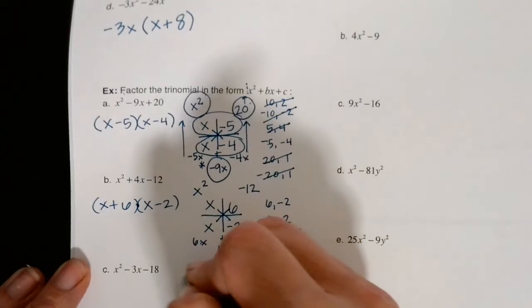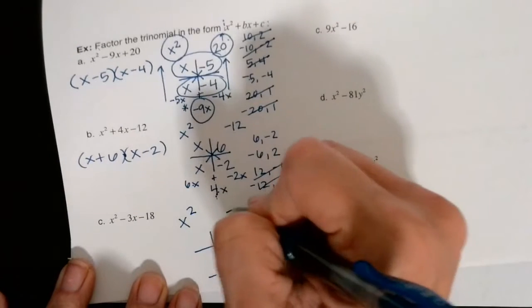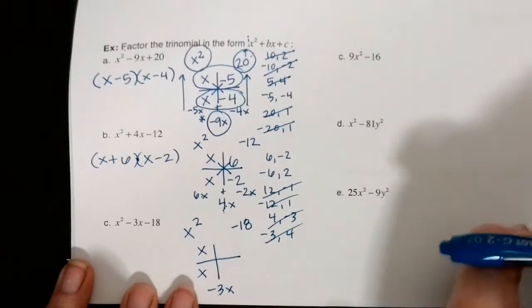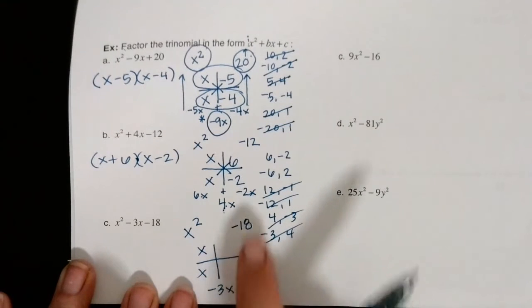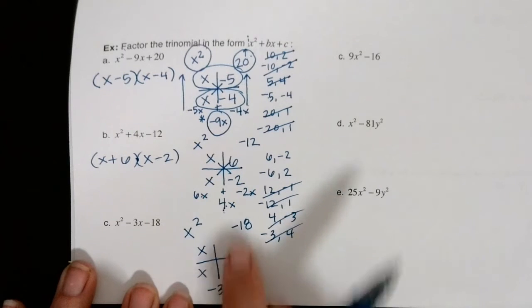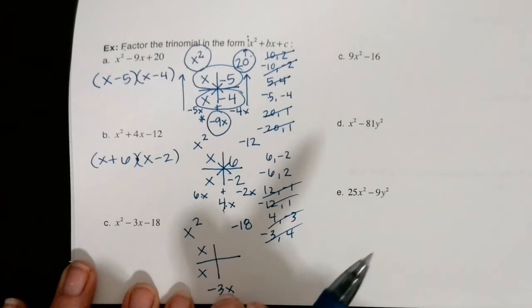I'm not going to spell it out as much for you guys because I know you've got this. So right away, I know this is x and x, and then I also know that I have more negatives than positives. So I have more negative x's than positive x's. So when I pick my numbers here, I'm going to make sure that my negative is the bigger one.